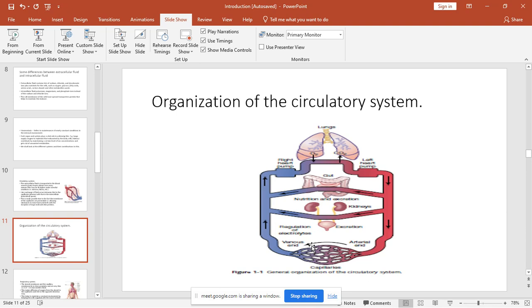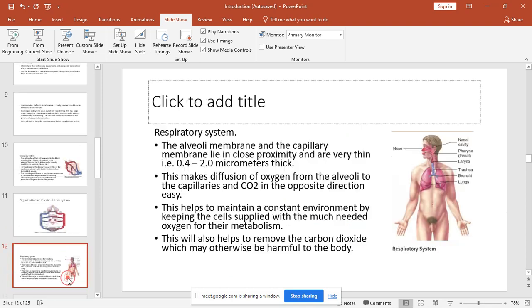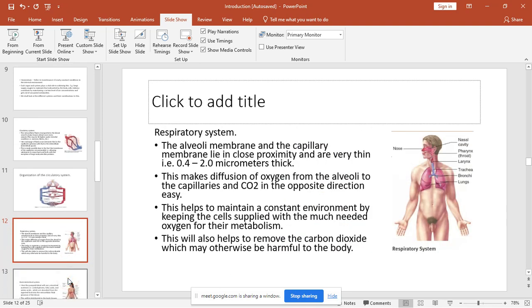In particular, we'll be talking about the CO2 and other waste products of metabolism that it's going to take back to organs where these metabolites can be gotten rid of. So, for example, carbon dioxide to the lungs, the urea to the kidneys. Absolutely. And by doing so, it keeps a constant environment.